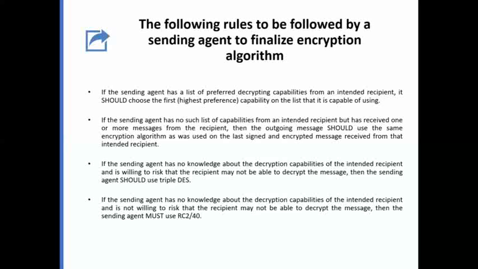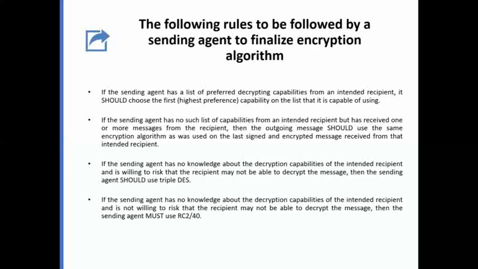The second rule says, if the sending agent has no such list of capabilities, suppose the receiver has not given any list of decrypting capabilities to the sender. At that time, the sender will go by the previous message sent by the receiver.